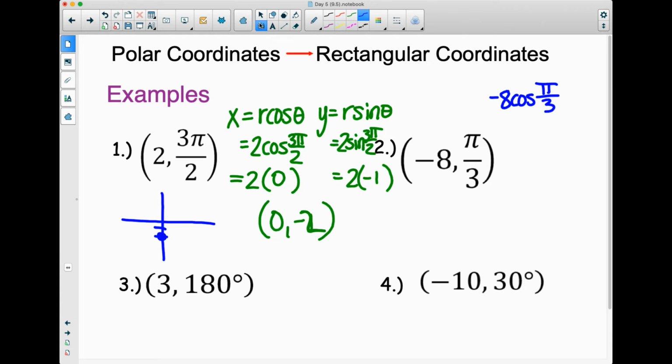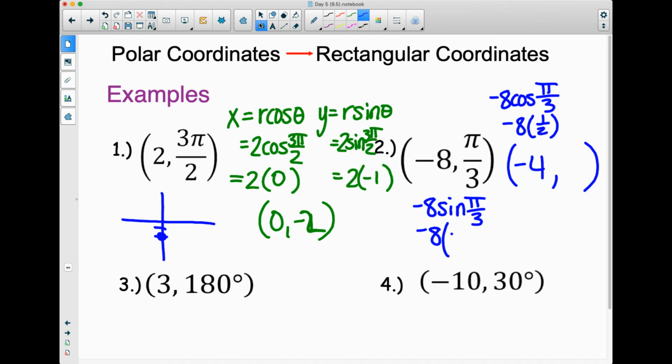You have your unit circles in front of you. 1 half. So the first part of our ordered pair is -4. And what is sine at pi over 3? So we get -4√3.